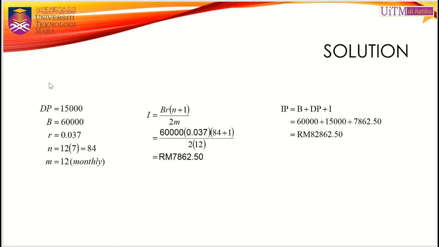The first part gives you the information that is given in the question itself. First, we have the down payment is 15,000, and then we have the balance 60,000, and R is the interest rate, that is 0.037, and then we have N equal to 7, because it is for 7 years.